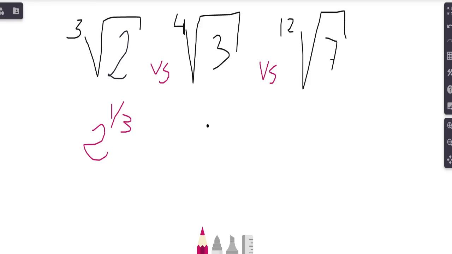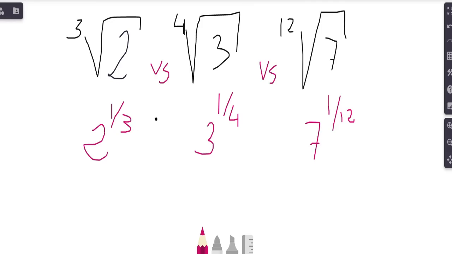The second is 3 to the 1/4. And then we have 7 to the 1/12.